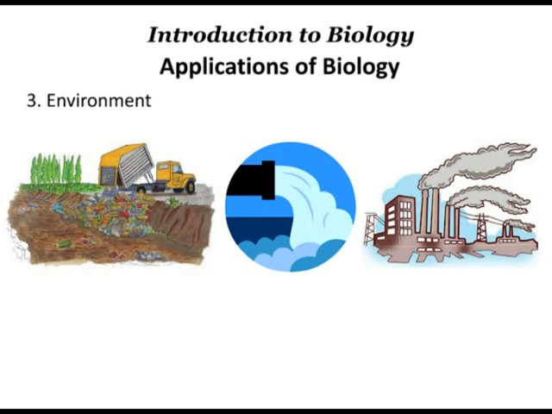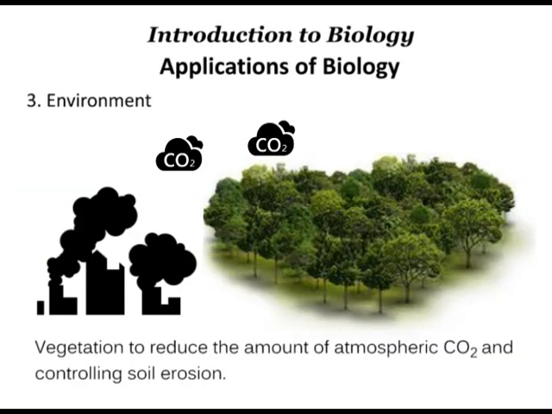This is through soil, water, and air pollution. By planting vegetation in areas with massive release of carbon dioxide, the air is cleansed of this harmful gas since plants take it in for photosynthesis. Planting of vegetation is also crucial in controlling soil erosion.